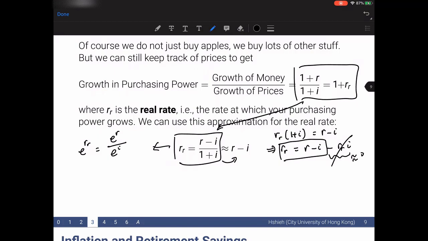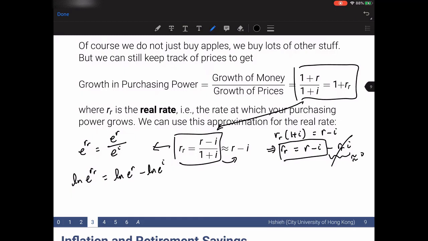Let's take the natural log on both sides, and we get ERR equal to log ER minus log EI. And then realize that log of E just goes away, right?